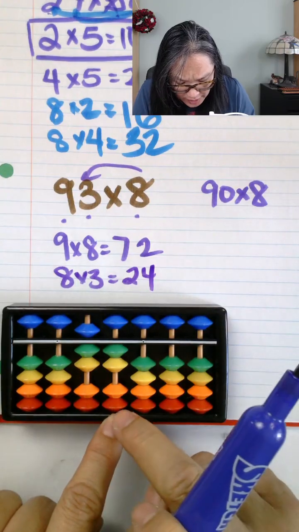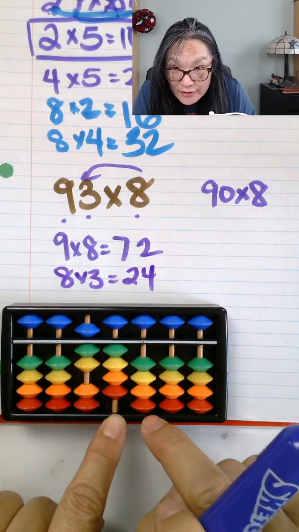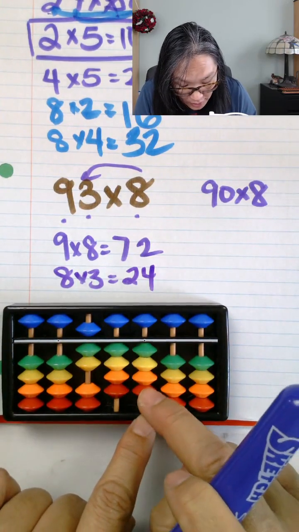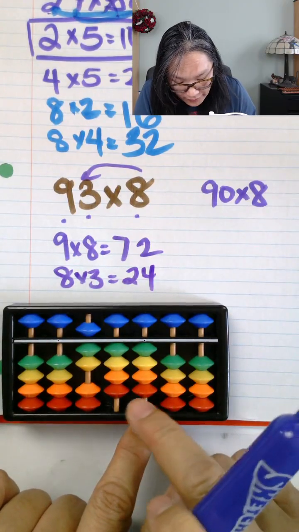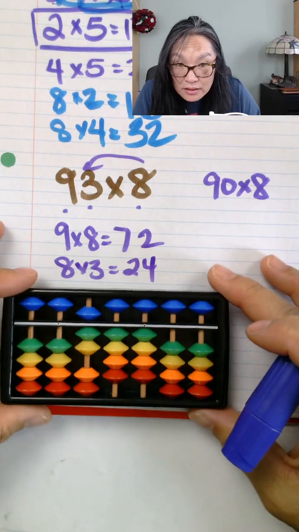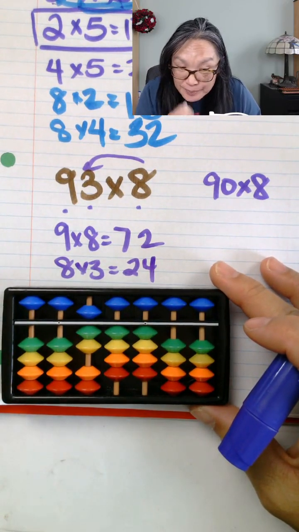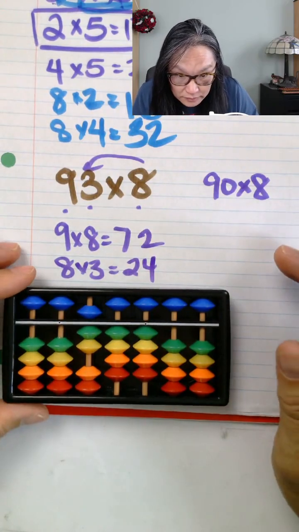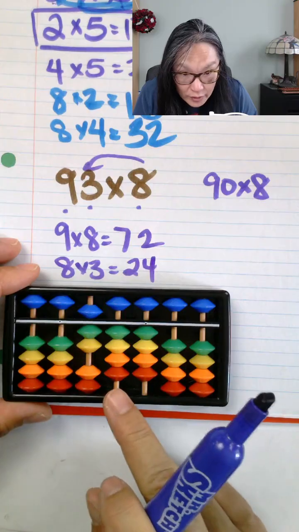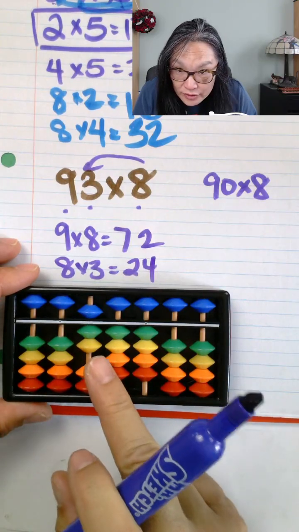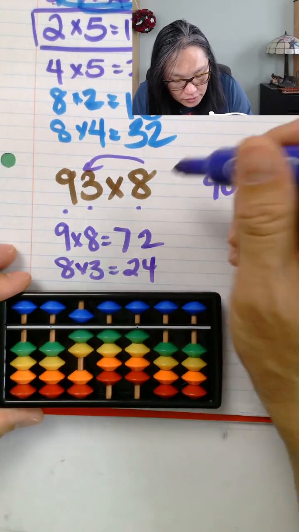So I add my 2. Is there enough room to add the 4? Yes. So all I have to do is add my 4. So my final answer is 744.